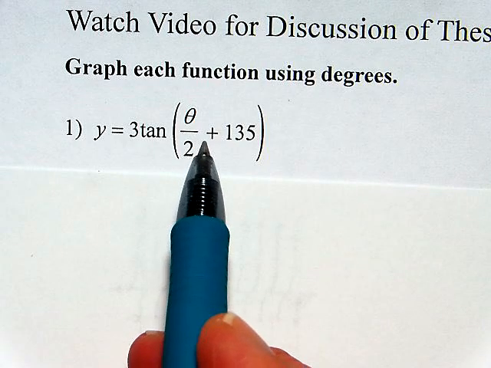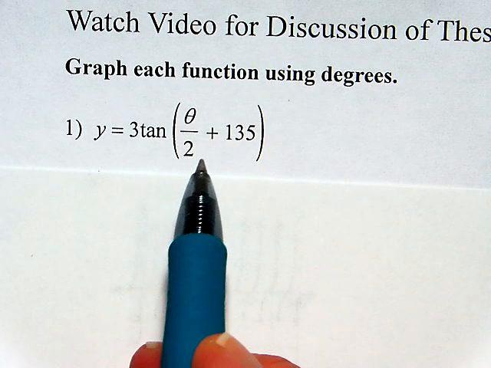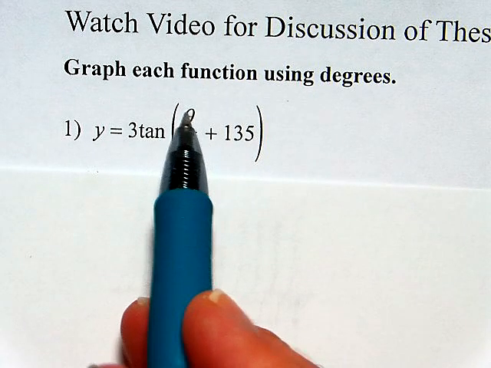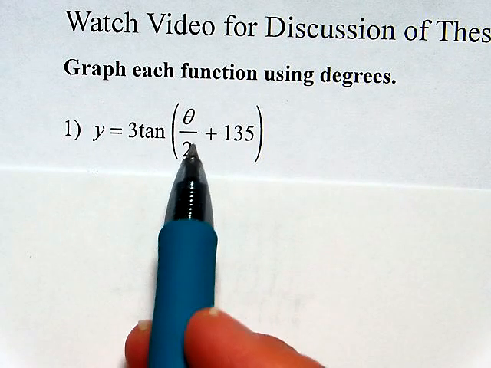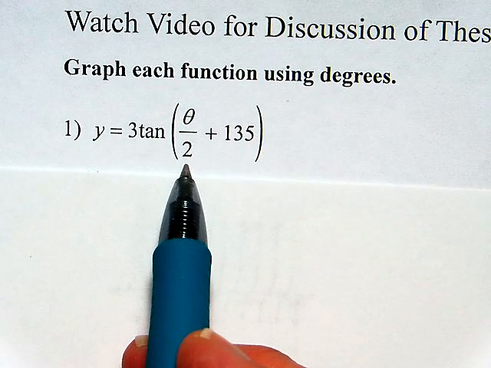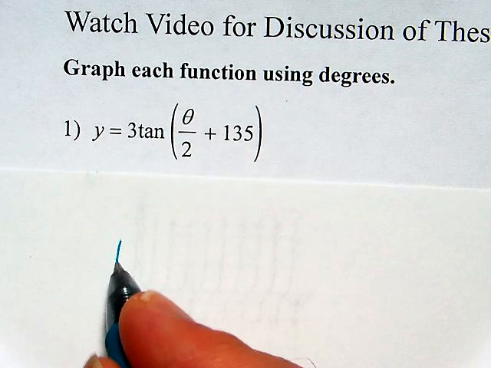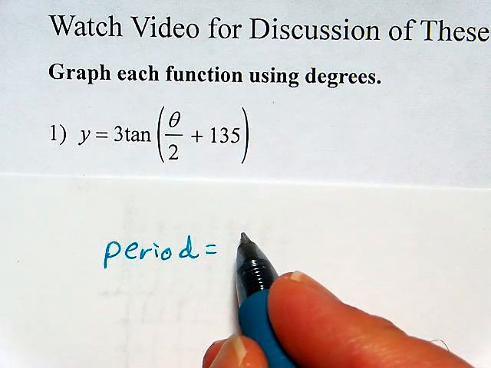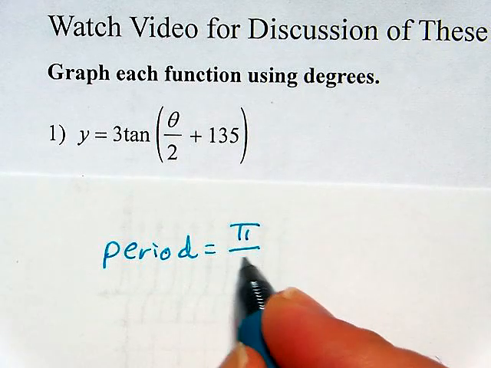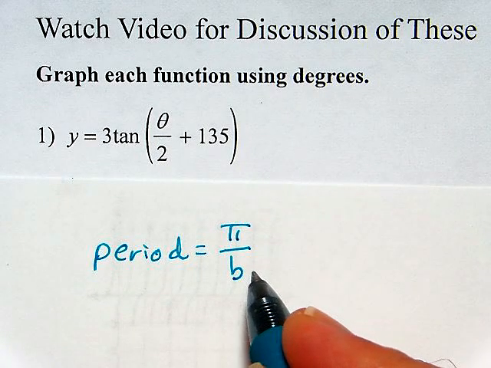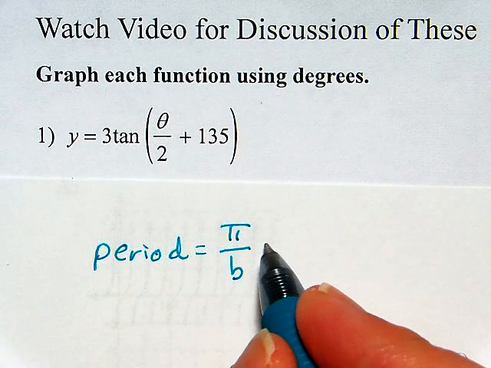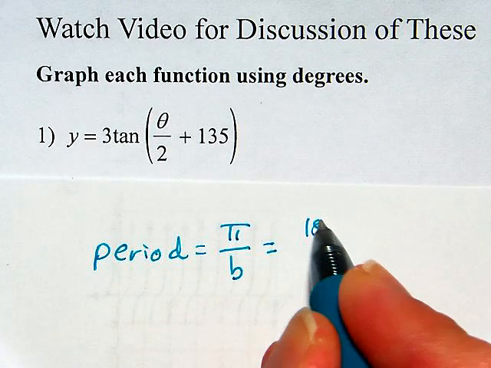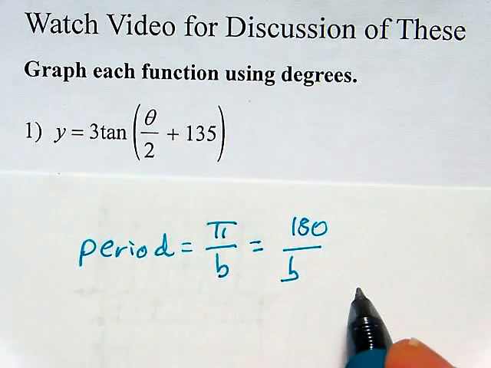However, still very important is the coefficient of x within the tangent or cotangent function. So here we see that the b is 1/2. So the variable theta is multiplied by 1/2. And the formula for period for tangent function, instead of it being 2 pi over b, is now just pi over b. Because remember, the period is only pi long. So that would be the same thing as 180 over b if we're dealing with degrees like we are here.